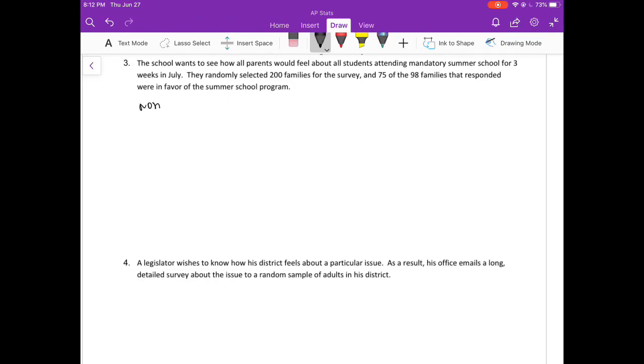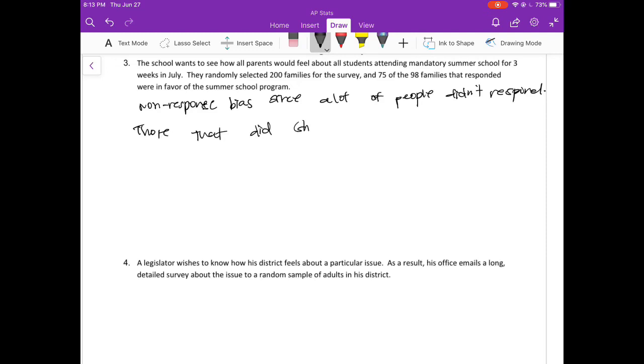So this would be a non-response bias, since a lot of people didn't respond, and those that did show an overestimate because they are passionate about summer school. So SS is summer school.